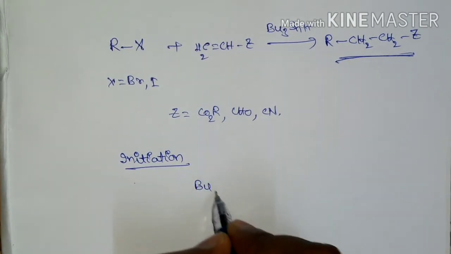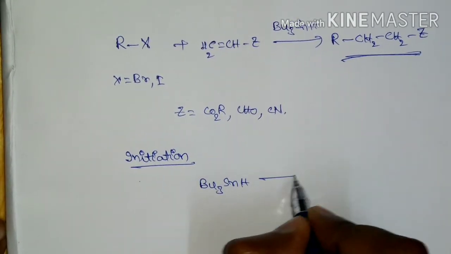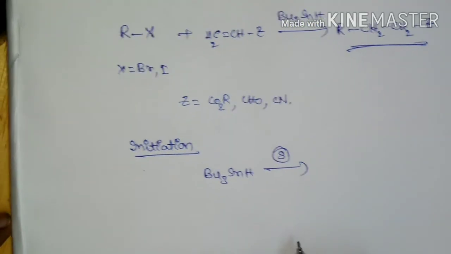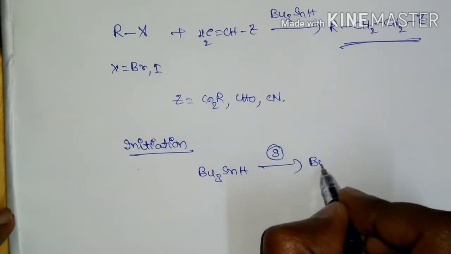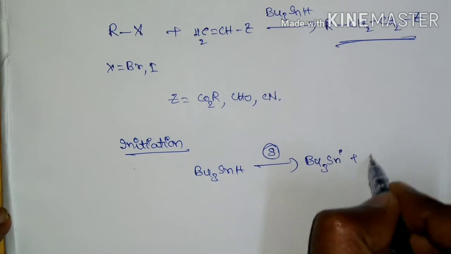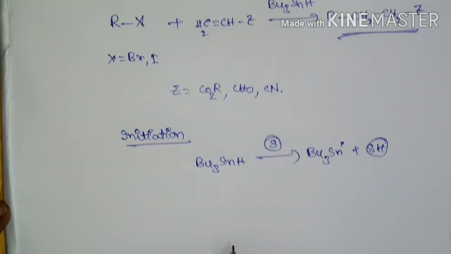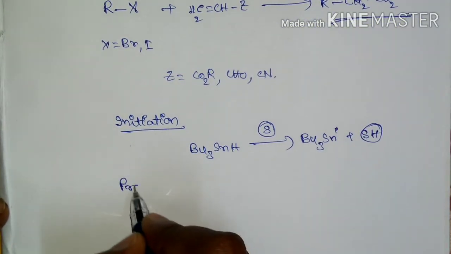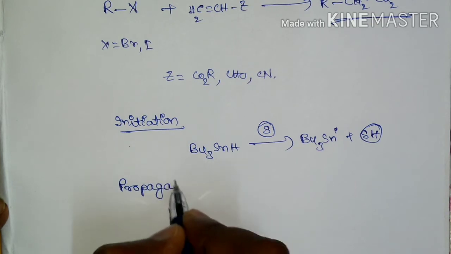That is, tributyl tin hydride in the presence of radical initiators is going to form tributyl tin free radical. Next will be the propagation step.